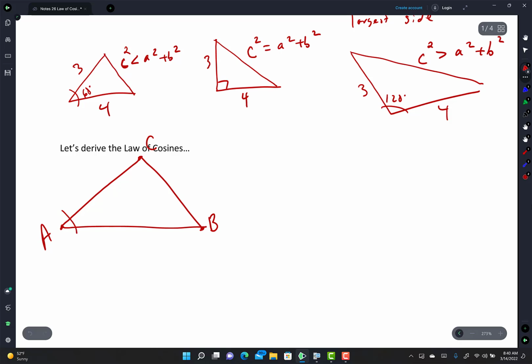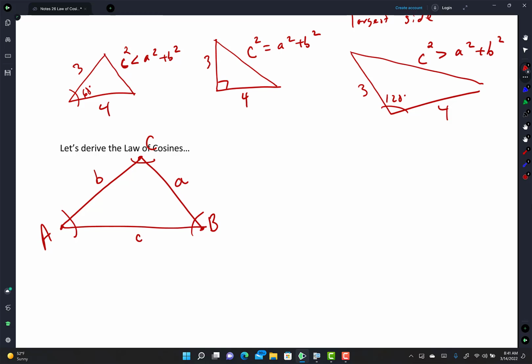Angle A creates little a, so that's side length from vertex C to vertex B, that's side length A. That makes sense, guys? Angle B, the opposite of angle B, this is little b, so that's side length little b. And then angle C creates little c. How do we feel so far?